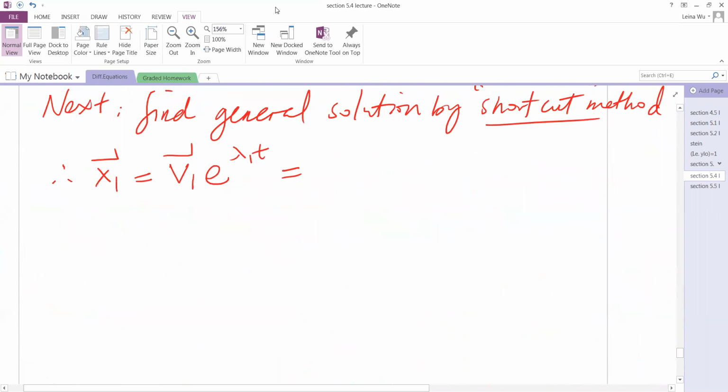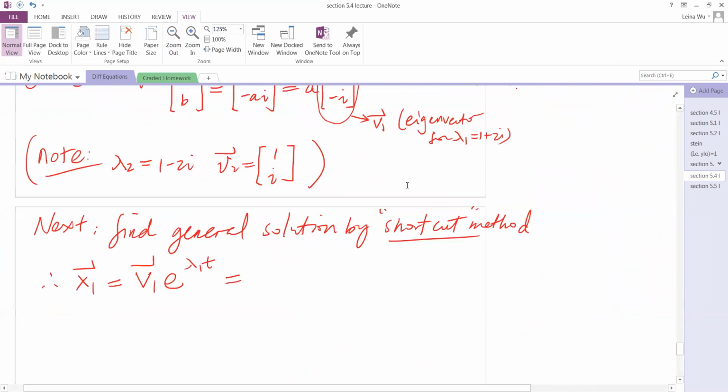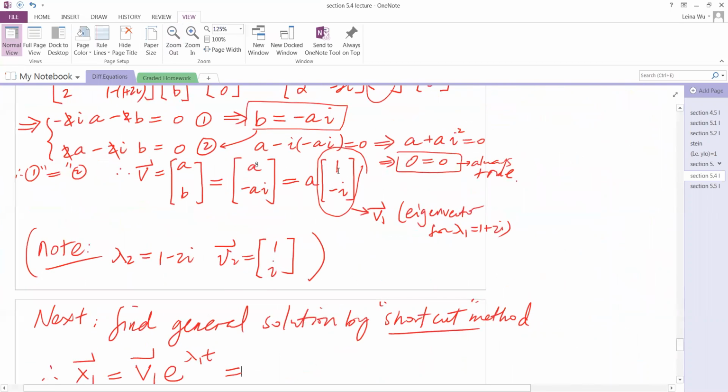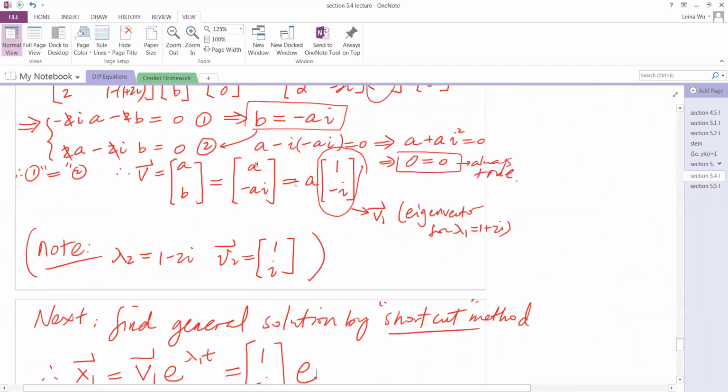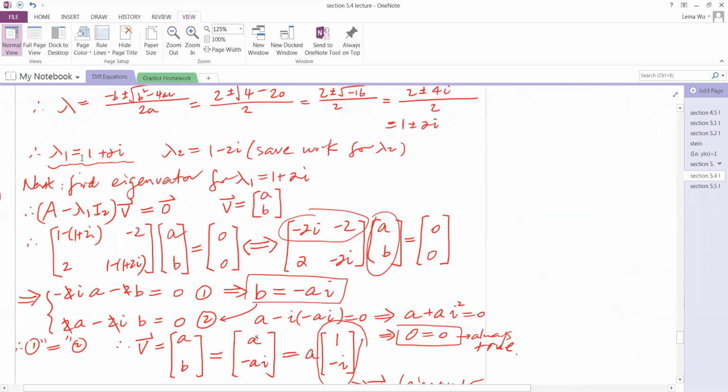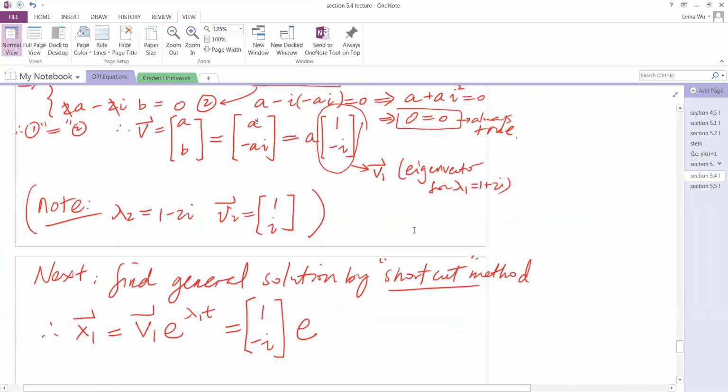You guys all right? Let's copy my v1. v1 is 1, negative i. e raised to the lambda 1t. So what's lambda 1? 1 plus 2i. So we're going to say 1 plus 2i, t, right?